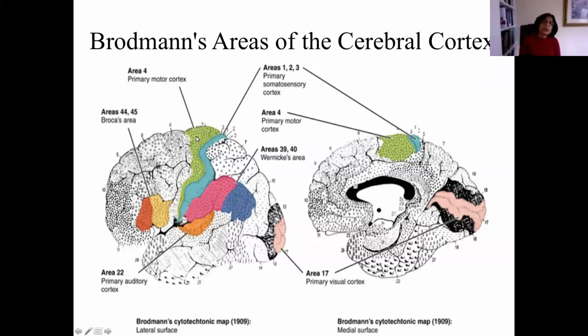In other words, it controls the motor units within the body, okay, throughout the body. So now this is a primary motor cortex, also called precentral gyrus. Anatomically, it's the gyrus part in front of the sulcus that you see as this line here. But physiologically, this is a primary motor cortex, meaning this is where the initiation of signals for movement will occur.